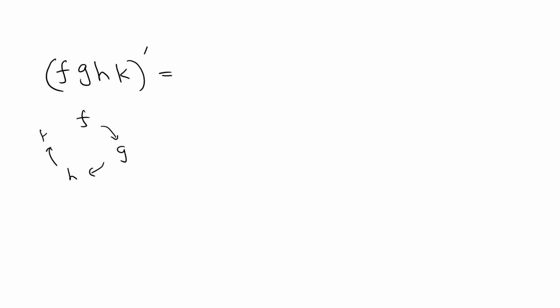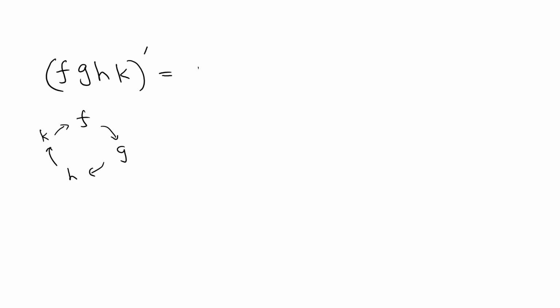Let's say you have f, g, h, and k. So the prime is, again, if you look at the cycle, it is f, g, h, and k. You don't have to, but it's going to make a nice pattern.